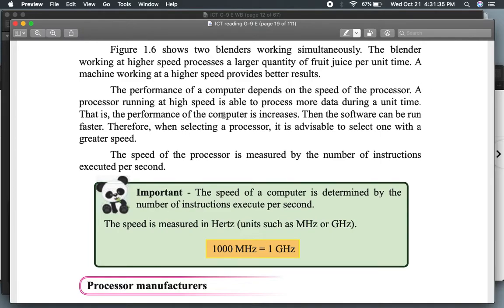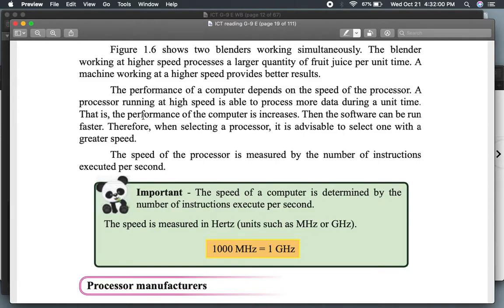If you look at the red blender, that is a processor running at high speed which is able to process more data. So that's the idea they're trying to convey.